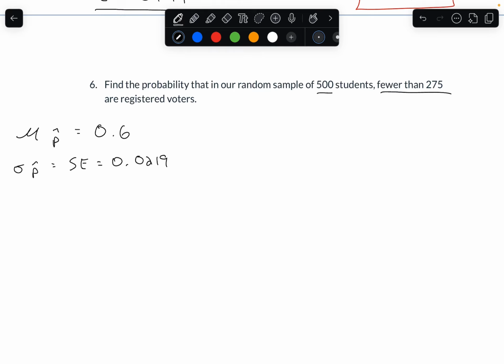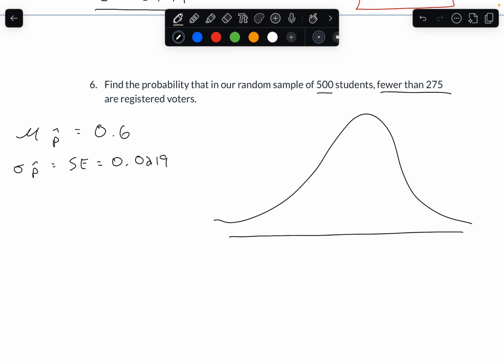Again, I'm going to draw out what this looks like on my curve. We met the conditions for the central limit theorem, which says that the sampling distribution of p-hat is normal. Our mean sits right in the middle here at 0.6, and we need to start by finding our particular p-hat, in which case I have fewer than 275 out of 500. So 275 divided by 500.